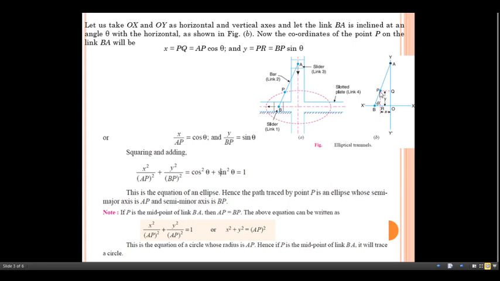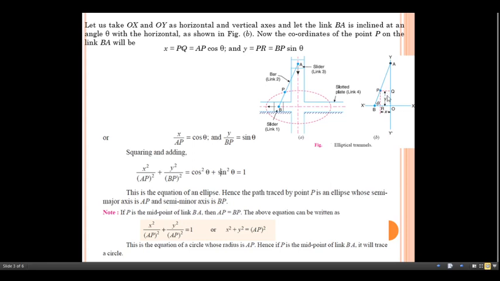So cos theta equals the adjacent side PQ, or x, divided by the hypotenuse, PA or AP. From the same relation, x equals PQ equals AP cos theta. We can get the horizontal coordinate of this P.